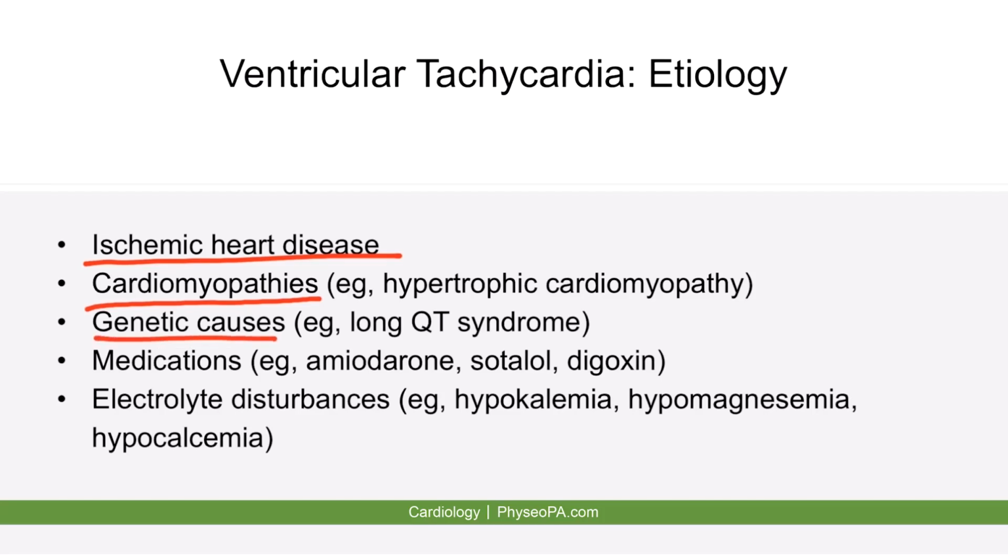Genetic causes that result in ion channel mutations, such as long QT syndromes and Brugada syndrome, can also lead to ventricular tachycardia. Medications also have been shown to trigger VT, and examples are amiodarone, sotalol, and digoxin toxicity. Lastly, hypokalemia, hypomagnesemia, and hypocalcemia are some electrolyte imbalances that can cause VT.